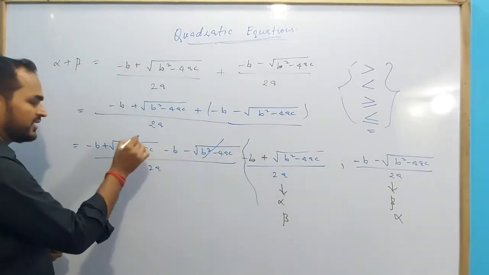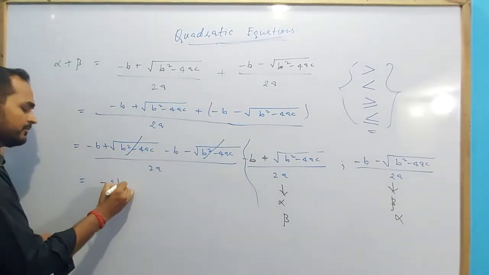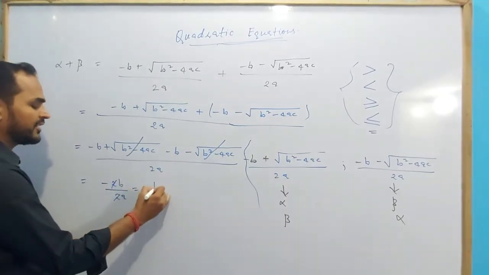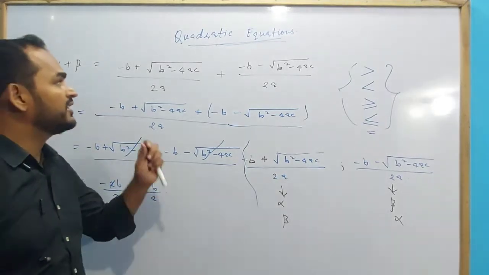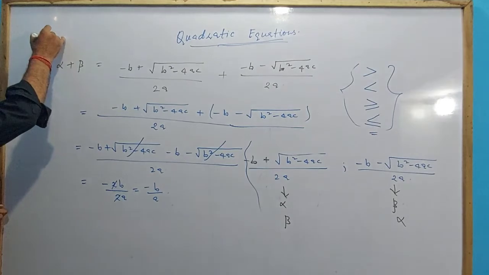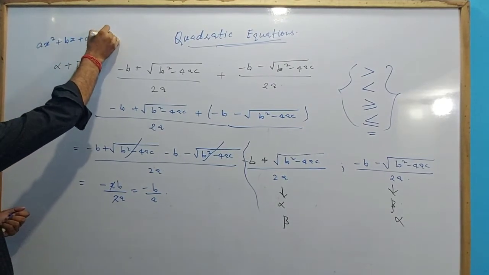Now the root terms will be cancelled. So minus b minus b, that is minus 2b upon 2a. This gives us minus b by a. We have to relate it with the coefficients of the quadratic equation. And what was our equation? Our equation was ax square plus bx plus c equal to 0.